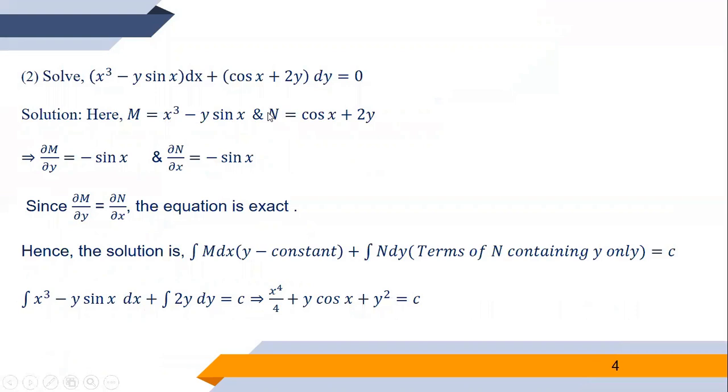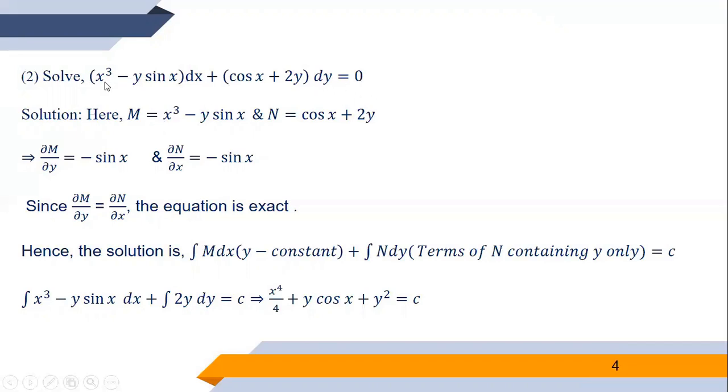Now the next example: solve (x cube minus y sin x) dx plus (cos x plus 2y) dy is equal to 0. Again the same procedure we discussed in the previous example. First we compare this equation with the standard form M dx plus N dy is equal to 0.